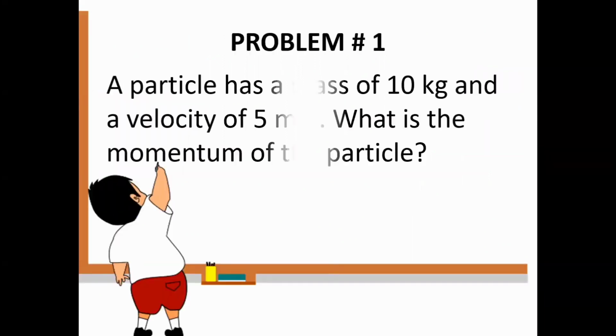Problem number 1. A particle has a mass of 10 kilogram and a velocity of 5 meter per second. What is the momentum of the particle? All right, you may now start answering. Don't forget to write the given and the formula.